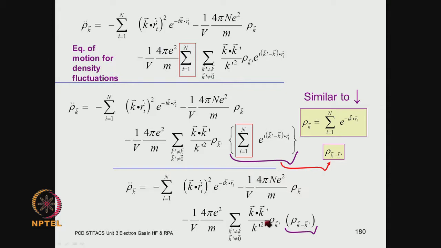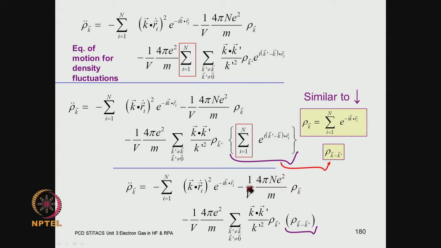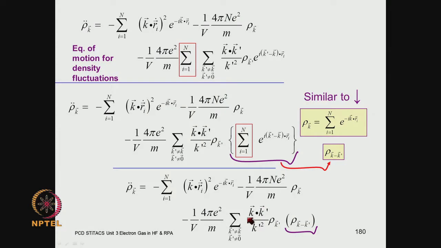Now the point I had made toward the end of the last class is that if you had only this term and none of the others, then you would have the second time derivative equal to minus a certain coefficient times rho k, and that would be an expression very similar to what we have for a classical harmonic oscillator. But we have these additional terms.